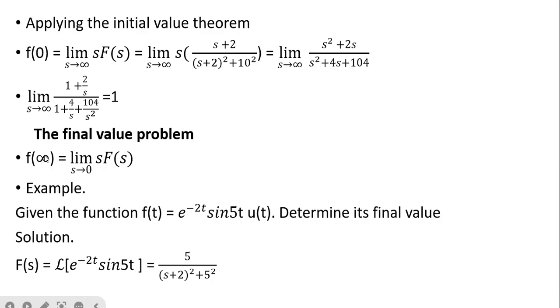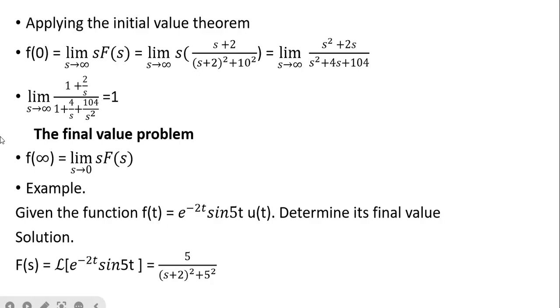For the final value, s tends to 0. Please do not forget, when we say final value, in the time domain it means infinity, but in the frequency domain it means 0. When we say initial value, in the time domain it means 0, and in the frequency domain it means infinity.